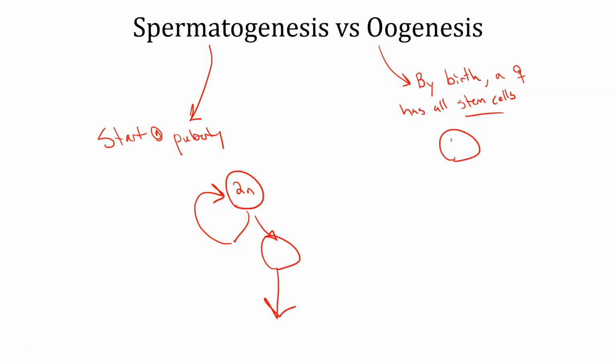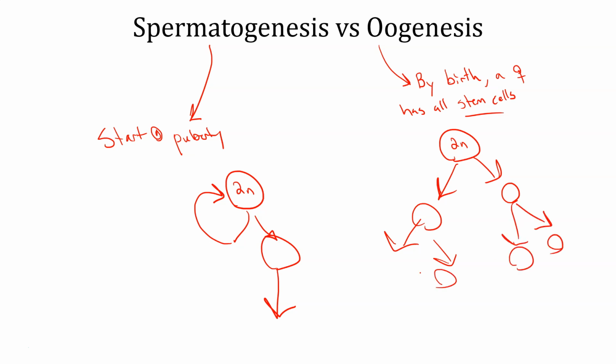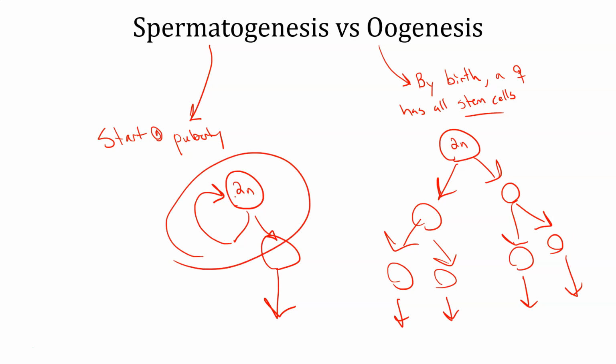In the female, the stem cells all divided and went through mitosis and replicated to a large supply of stem cells, and then from there, every single stem cell will be committed to undergoing meiosis. If it does, there isn't that replenishing that happens here in the male.